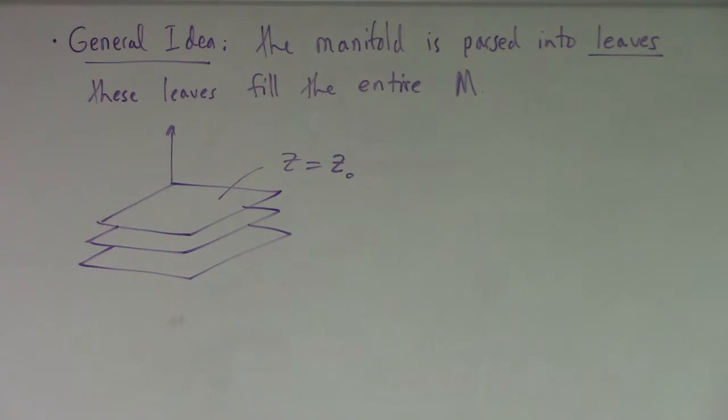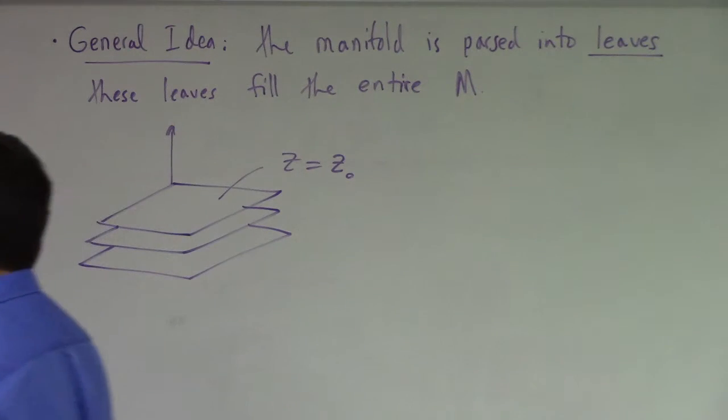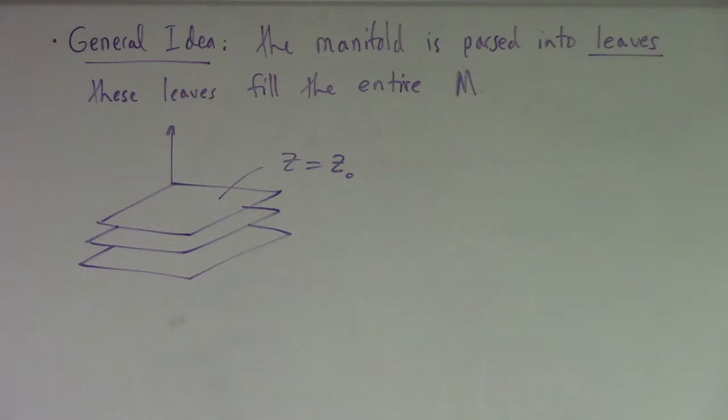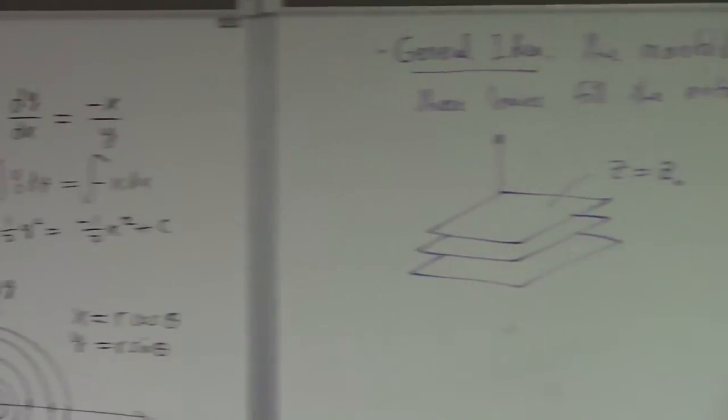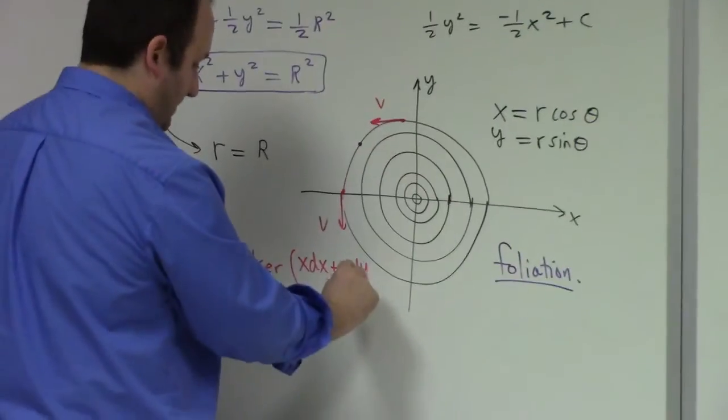In fact, the leaves of the foliation are in the kernel. Well, that's not quite right. The tangent, right? If you look at these solutions, right, the tangent vectors like this, v, right? Oops, sorry. What can we say about those? v is an element of the kernel of x dx plus y dy.